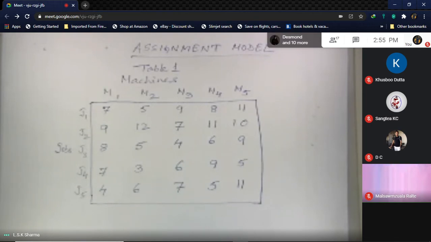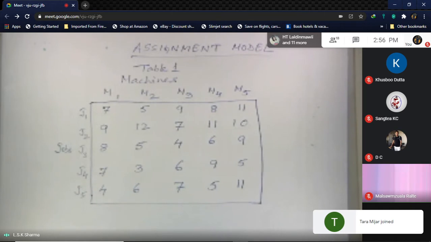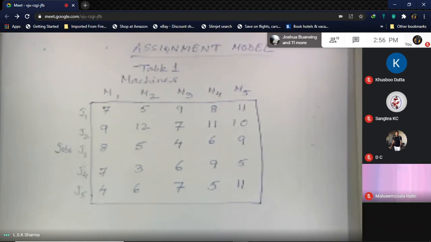For example, I can assign job 1 to M2, job 3 to M3, again M3 is the least, then job 4 to machine 2, but again it's clashing with job 1, then job 5 with machine 1. So you have so many clashes out here.